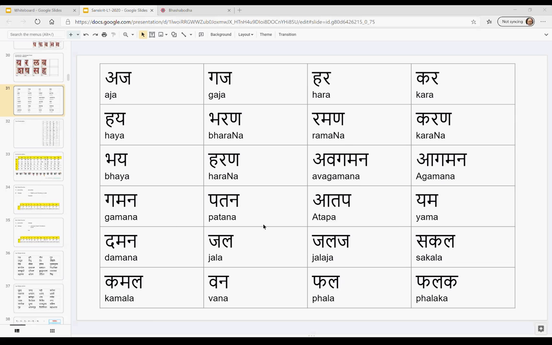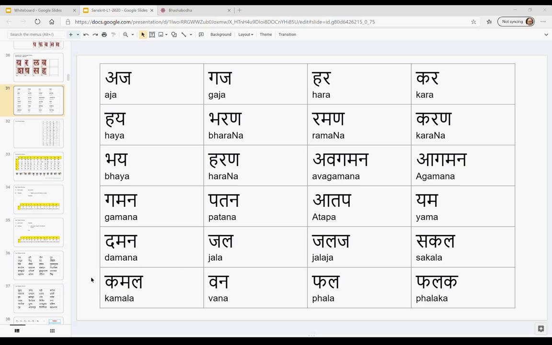But in Devanagari, we are seeing only two symbols, because the first A is obviously a swara, which is written here, and this ja consonant sound is there like this, and there is an A sound again. So we can write it like this also. This is technically correct. This aja can also be written like this.